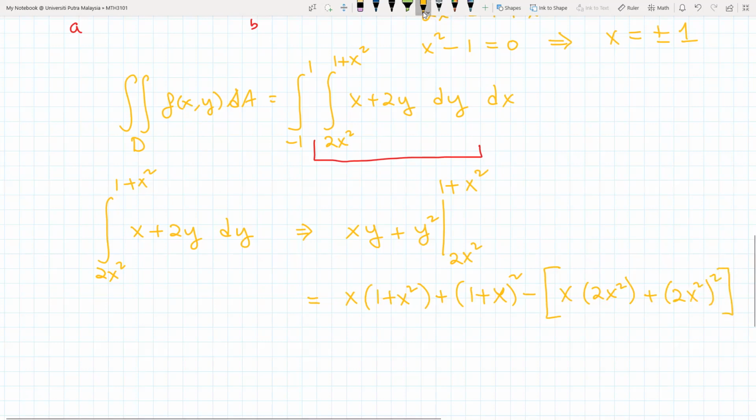Okay, so apa yang saya buat ni? So this is y. This is y. And this is y squared. Xy, this is y. This is y squared. Okay, nampak ke? Boleh ke? Boleh.